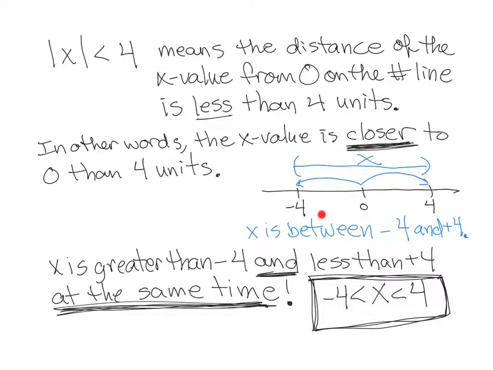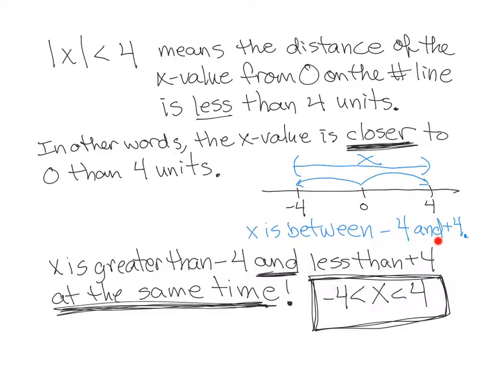That's good. If my distance is shorter, then I'm closer to 0. That means the -4 and the +4 are my boundaries, and I'm in between because I'm closer to 0. Whatever the x is, it has to be closer to 0 than 4 units, which puts it in between the -4 and the +4.